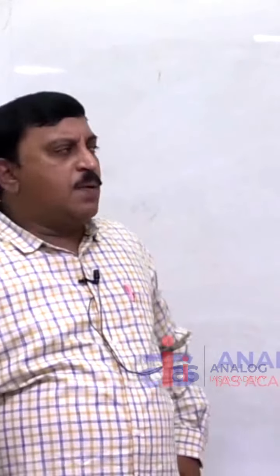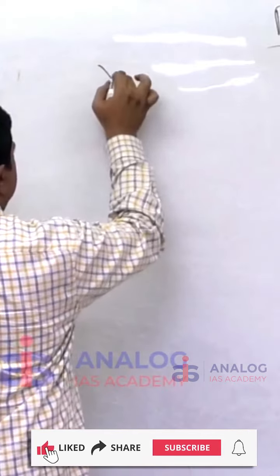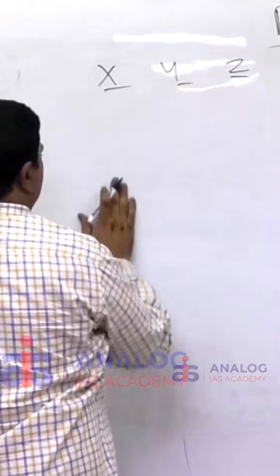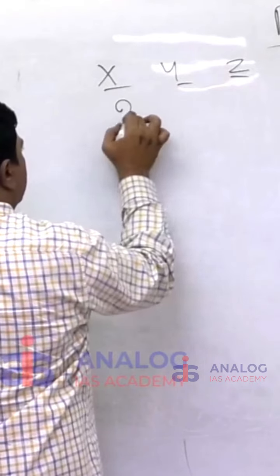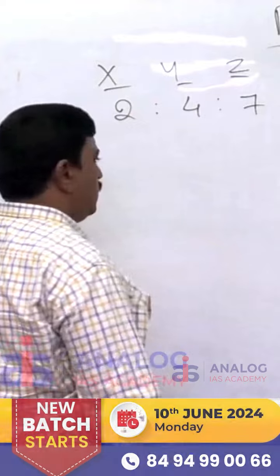An amount is divided between x, y, and z in the ratio 2:4:7.